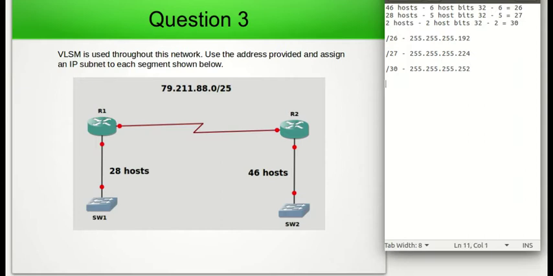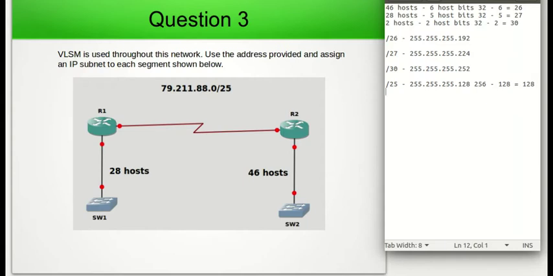So again, a /25 in decimal is 255.255.255.128, with 1 binary one in the last octet, which is going to be 128. That means the increment will be 256 minus 128, which gives us 128.